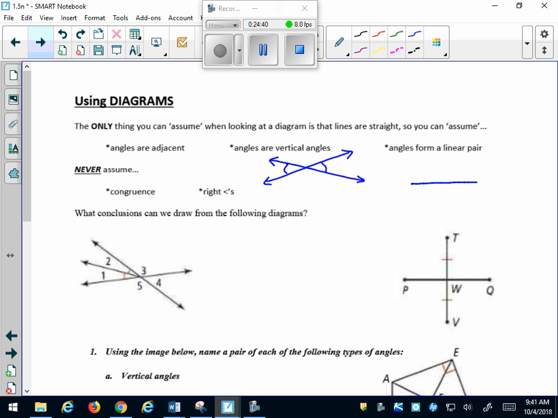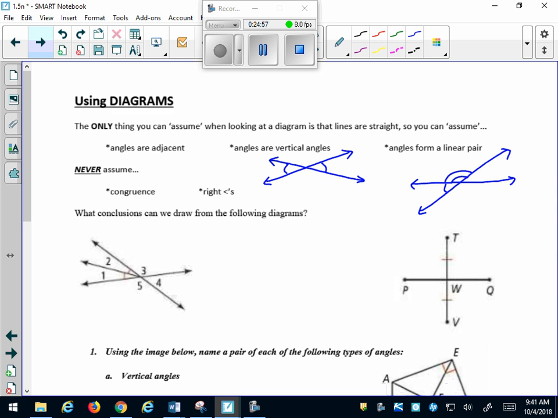Similarly, if they look like straight lines intersecting, then you could tell that this angle and this angle form a linear pair. You don't have to be told that. It doesn't have to be marked. You could just tell that from the diagram.